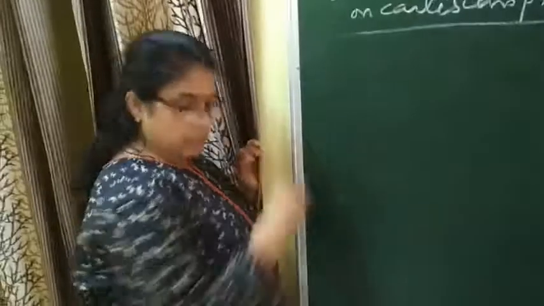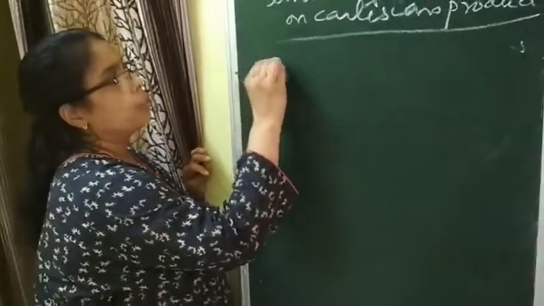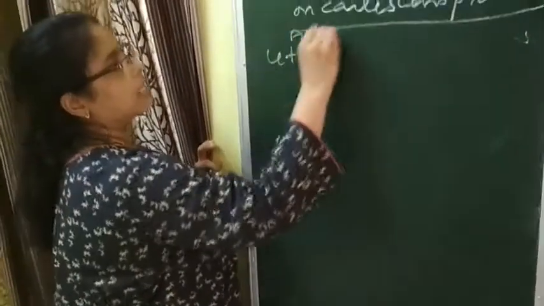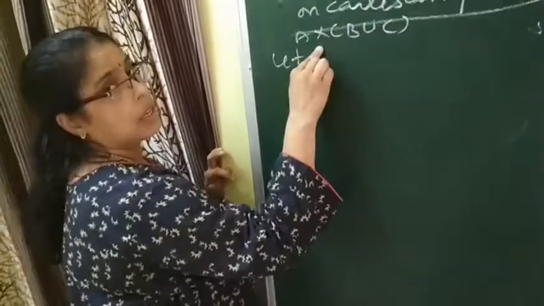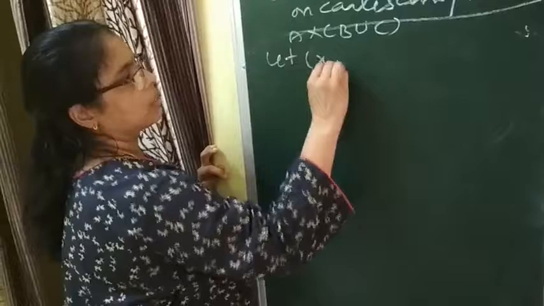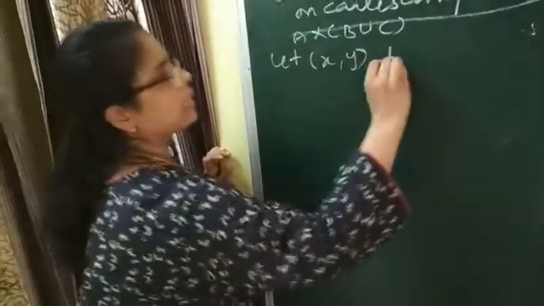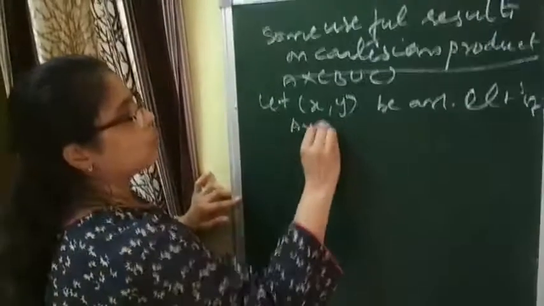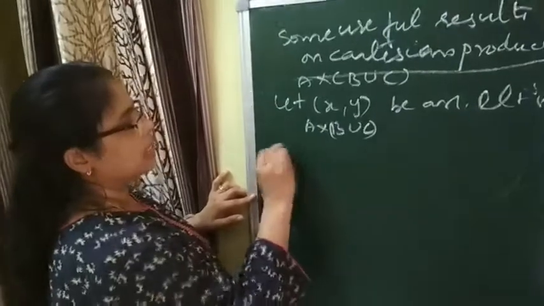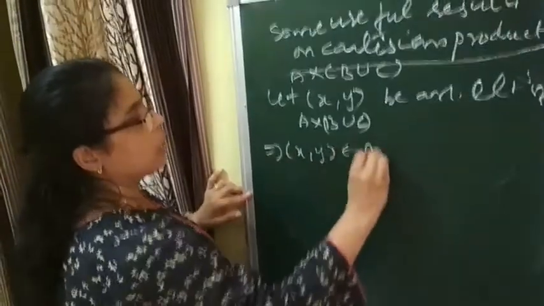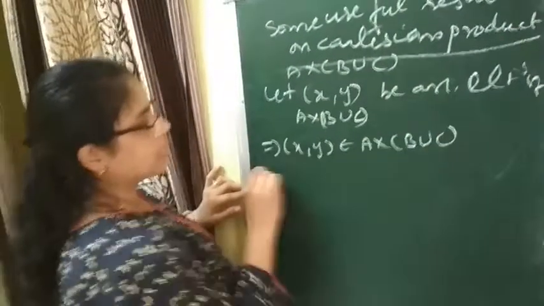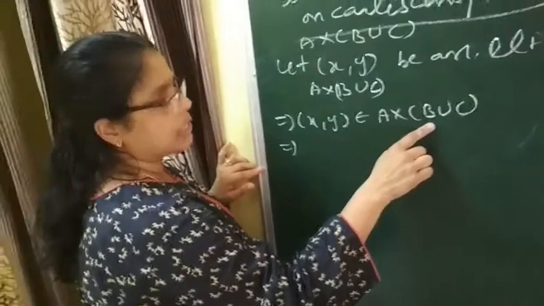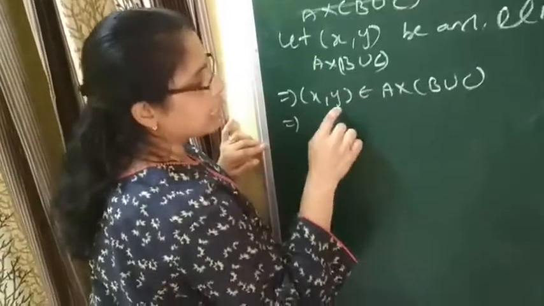I am taking the left side, A into B union C. A into B union C is a Cartesian product, so its element will be an ordered pair. I am taking the ordered pair as let x, y. Let x, y be an arbitrary element of A into B union C. That implies x, y belongs to A into B union C. That implies, by the definition of Cartesian product, the first element belongs to the first set and the second belongs to the second set.